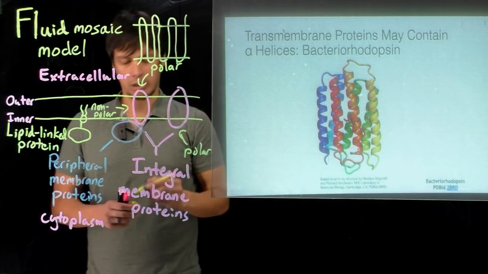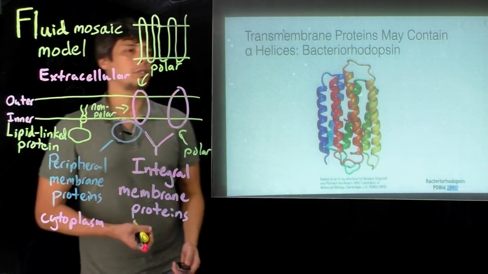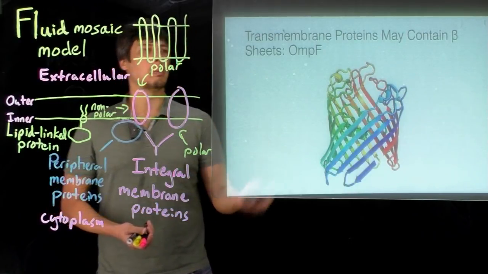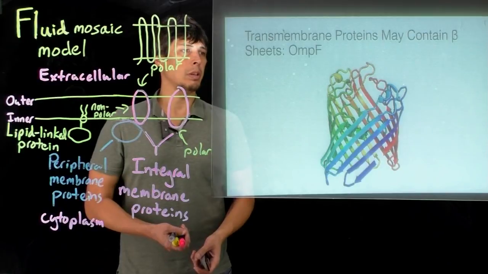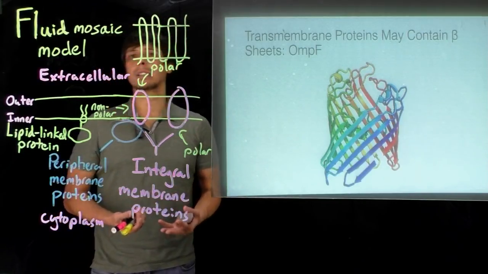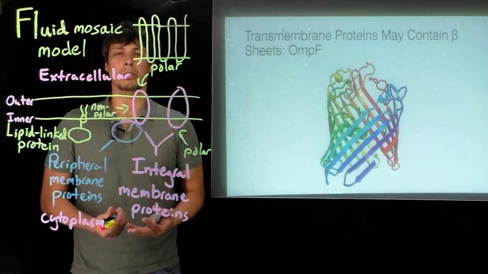Another motif that you might see is known as beta barrels. This is a beta barrel for the protein OmpF. So proteins integrated into membranes are not restricted to one type of structure.